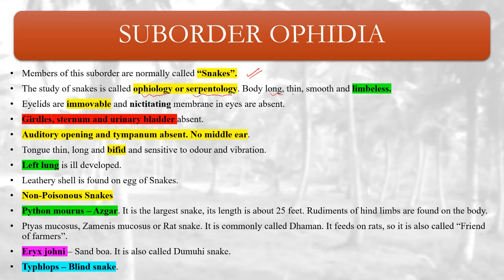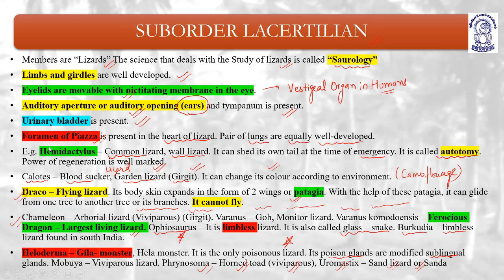Body is long, thin, smooth and limbless, no limbs. Eyelids are immovable. In suborder Lacertilia, the eyelids were movable, and the nictitating membrane in the eyes is absent in case of Ophidia.